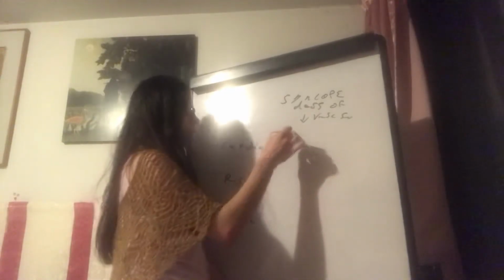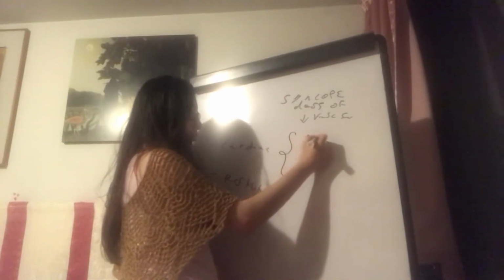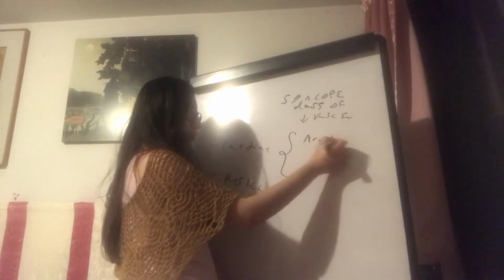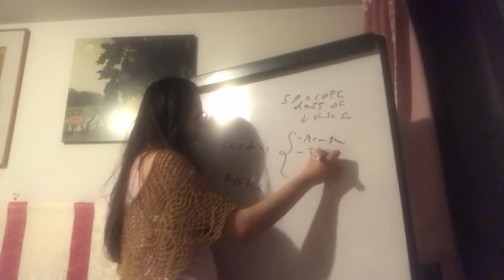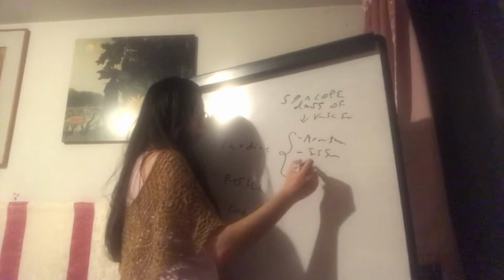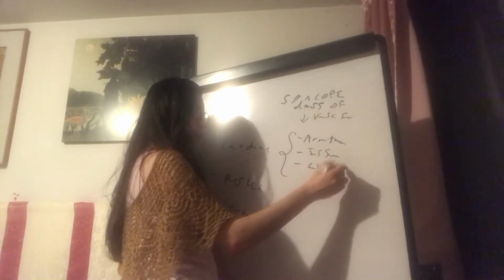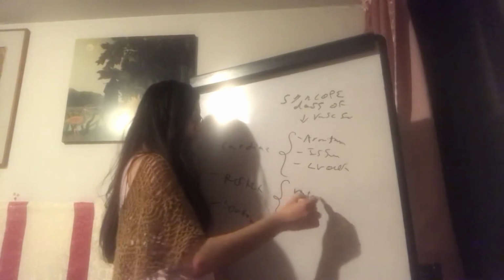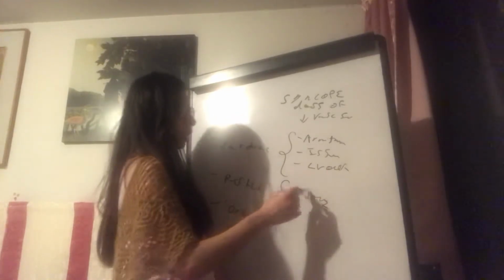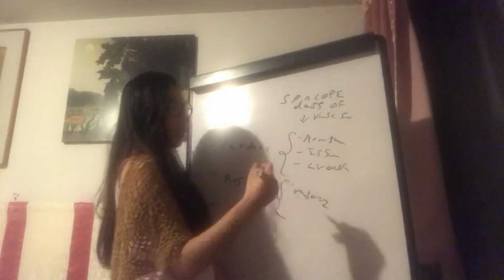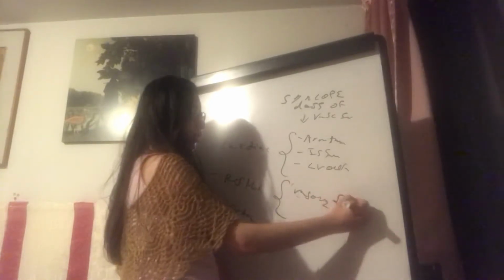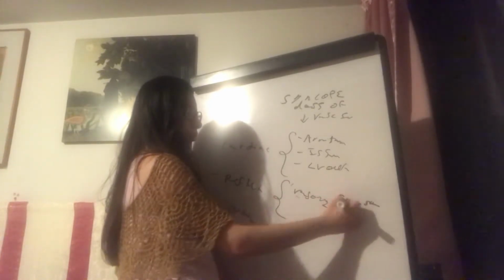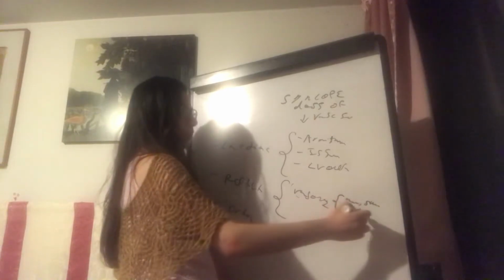So the cardiac could be due to arrhythmias or ischemia or decrease in the left ventricular outflow. The reflex one could be vasovagal. Here usually there would be a prodrome like nausea, sweating, or being warm, maybe pallor.